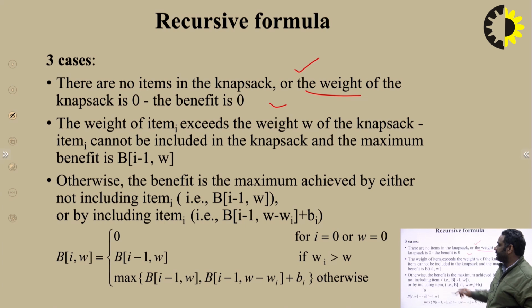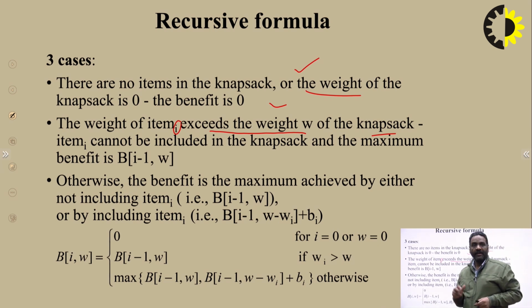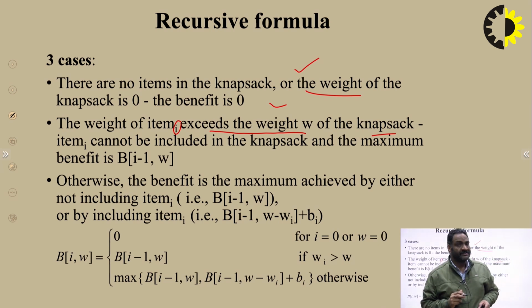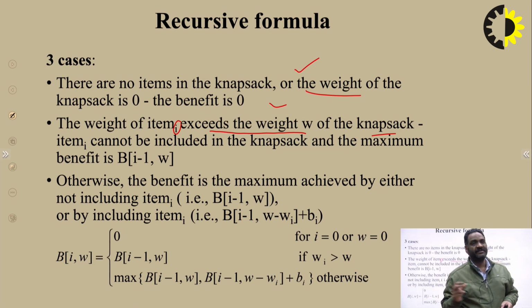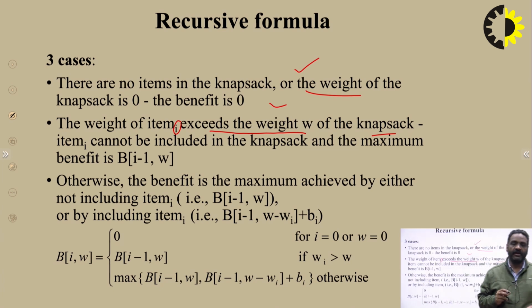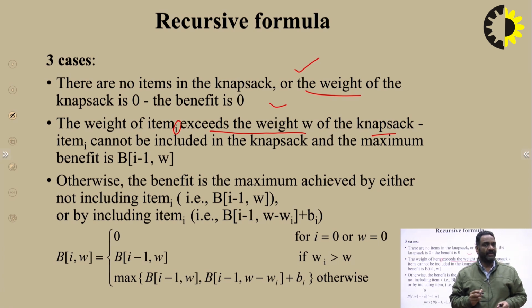In the second case, the weight of item i exceeds the weight w of the knapsack, so the item cannot be included. Why are we not including the item? Since the item's weight is greater than the capacity of the knapsack. So in this second case we cannot include items having weight more than the capacity of the given knapsack.